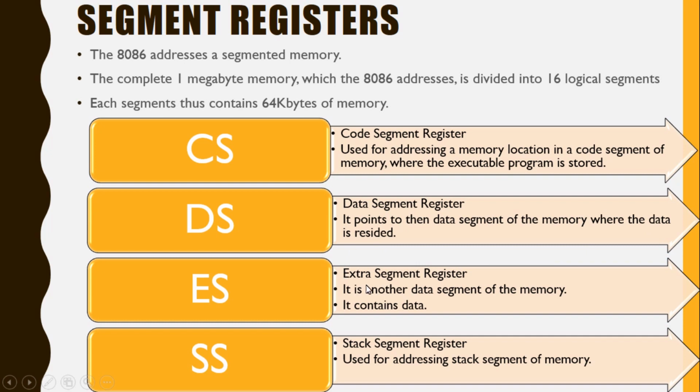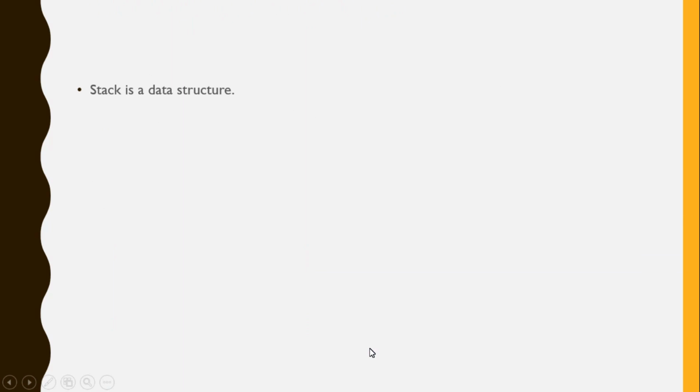The third is the extra segment. It is another data segment of memory. It is sometimes used to store the code. The fourth is the stack segment, used for addressing the stack segment of memory. Those who don't know what a stack is, we will see by an easy example. Stack is a data structure.